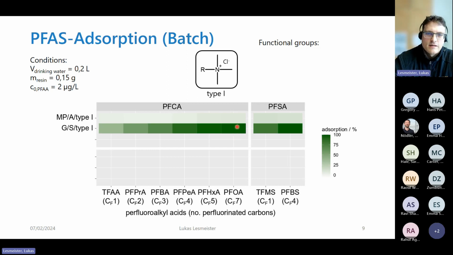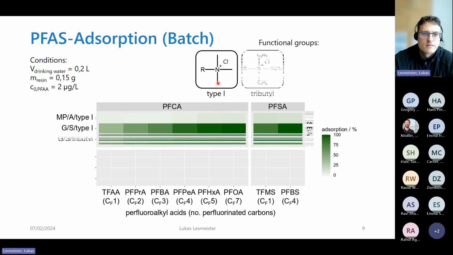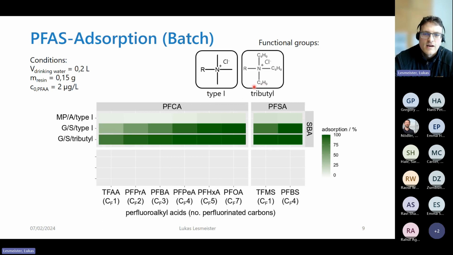This is because there is more opportunity to undergo hydrophobic interactions, for example, with the alkyl moieties of a functional group. And so we can also elongate the alkyl moieties at the functional groups. For example, here by changing the methyl groups to butyl groups, and we see that the adsorption increases.